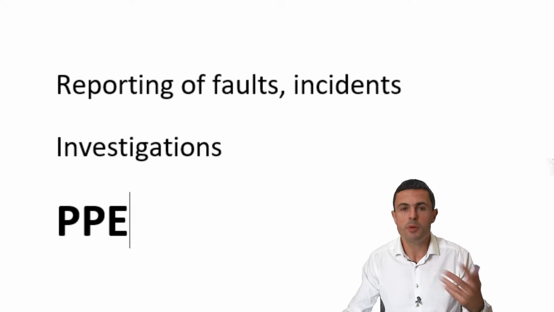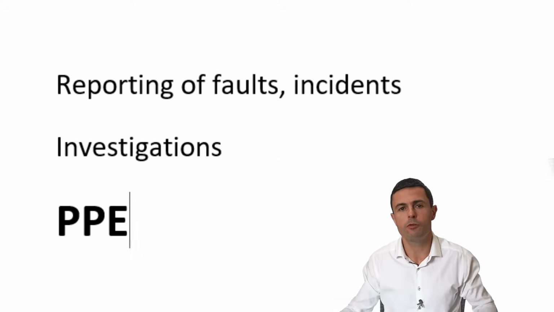Can you have some kind of fault finding system? Investigations as well, where for violence, for example, a common procedure for violence at work is that you get the staff to report the violent incidents, which then get investigated. Examiners expect to see that on your NG2 if you've got violence issues. And then finally, we've got PPE and all of the raft of PPE.